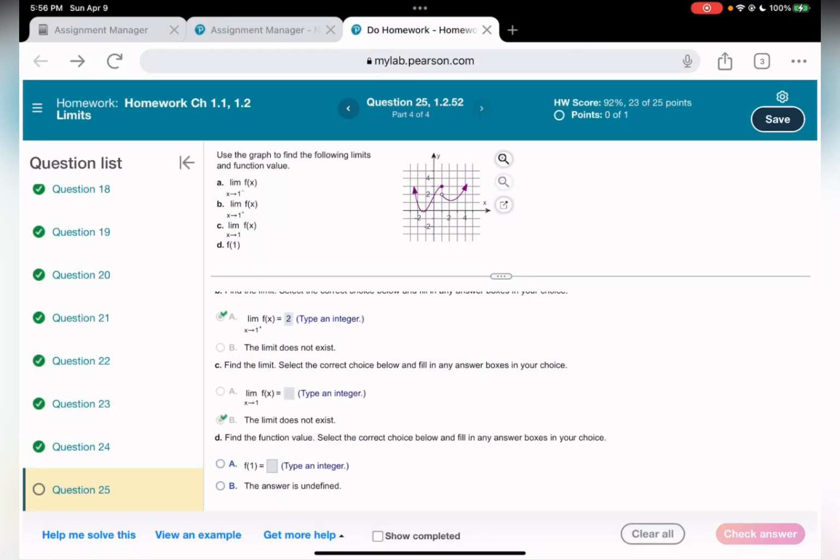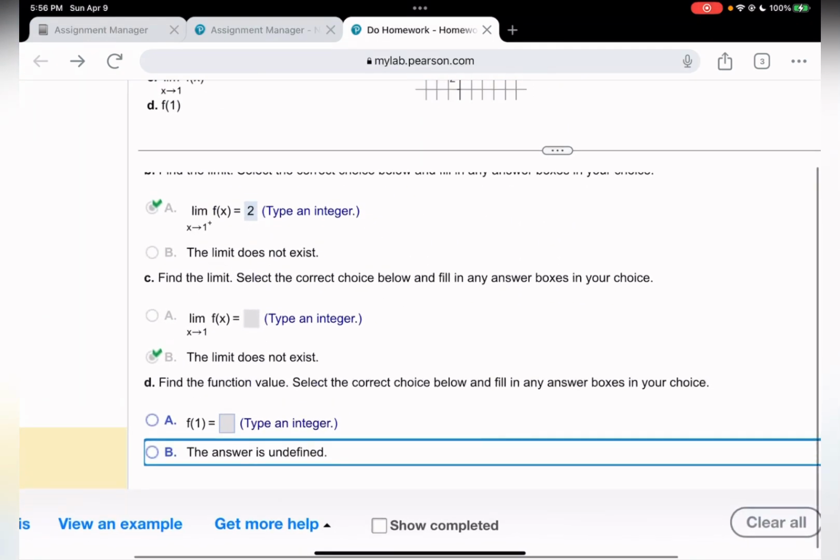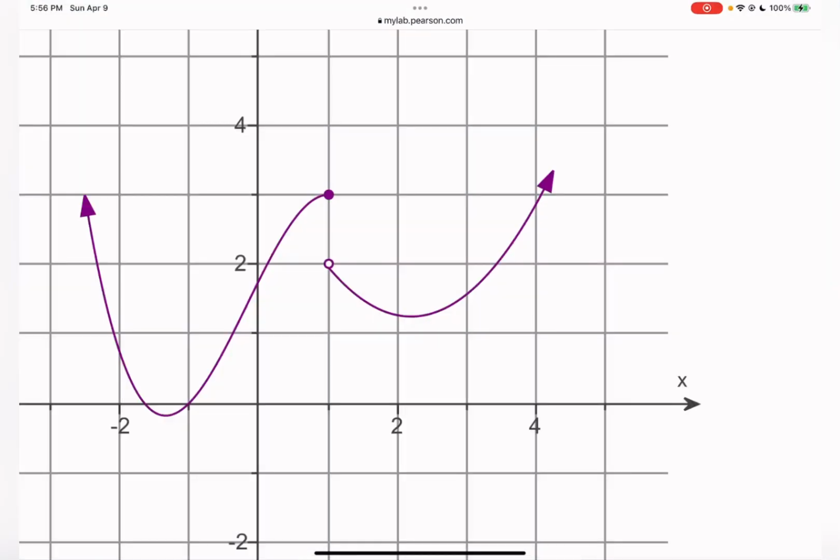Okay. And lastly, D. See, it's asking for f of 1. There is no limit. I just need to know if x is equal to 1, how much is my y? So let's go and see. When x is equal to 1, I am going to take this filled-up circle, not the hole, because that's a hole.